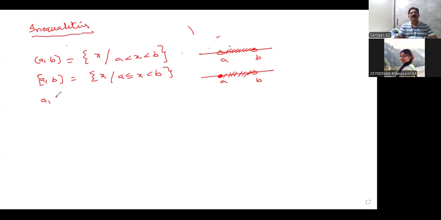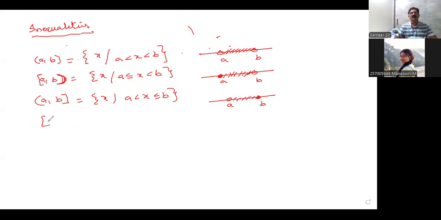In the previous case, this was open and open. Now in this case, we write a less than x less than or equal to b. a is open, but b is closed.